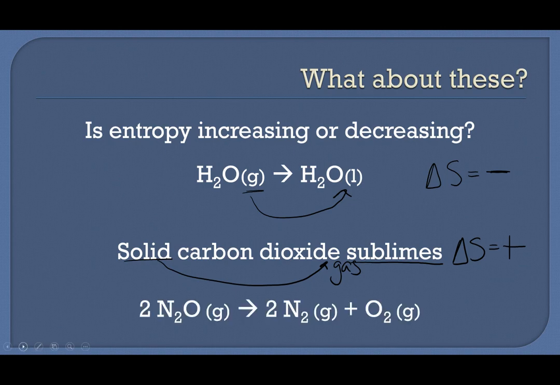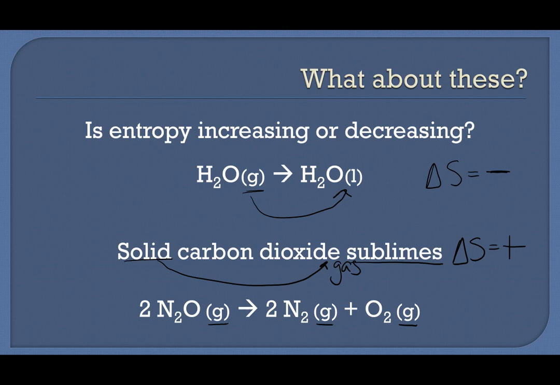What about this last one? All right, so here, if we look at the states, the state is gas, gas, gas. So we are not changing state, so we can't think about that.